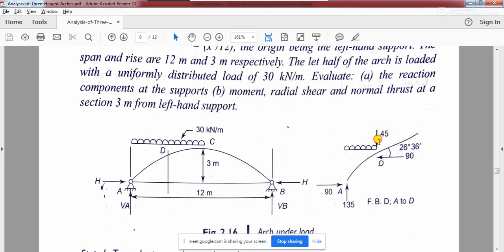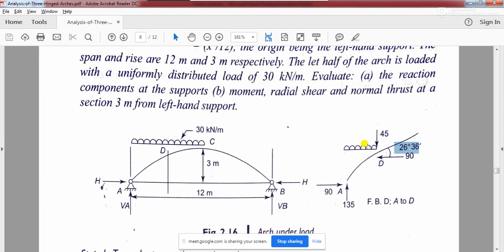because once you know these two forces, this vertical force and this horizontal force, and you know this angle, then finding radial shear and normal thrust is very simple. What you will have to do is take 90 cos theta, 45 sin theta, and then 90 sin theta, 45 cos theta, and depending on the direction of the forces, the direction of the resultant forces you will be computing can be very easily found.